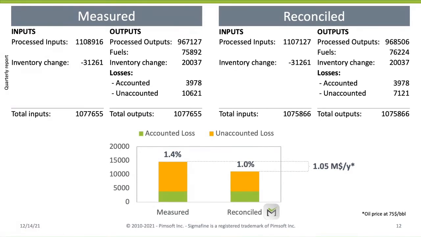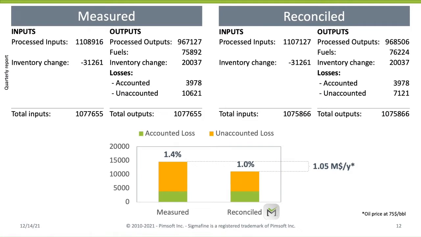We see that in this case, the reconciliation was able to improve the agreement between the inputs and the outputs. By doing so, the reconciliation reduced the level of inaccuracy in the data, spread the random error, and therefore it had a positive impact in reducing the total losses and more specifically the unaccounted losses.